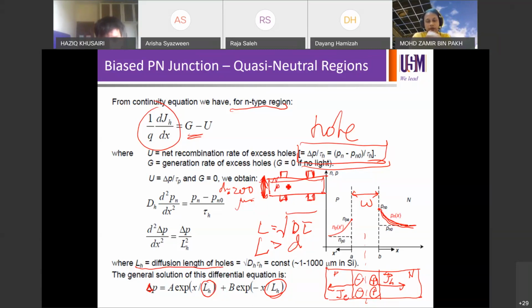So if you're talking about the diffusion of carriers, you want your carriers that has just crossed the junction to come to the very end of the device, to be collected, to reach the metal contact. Selagi dia tak sampai metal contact, as long as they don't reach the metal contacts, they won't be extracted to the outer circuit. Kita nak complete the circuit kan.